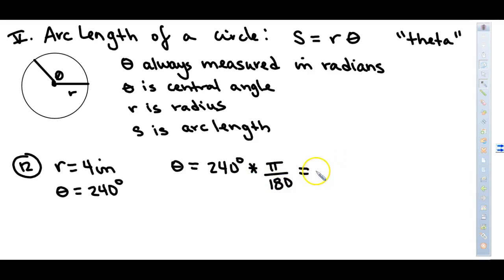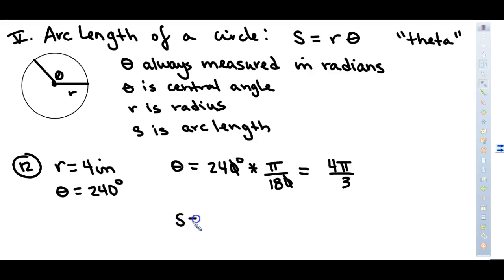So when I multiply this by pi over 180, I'm going to get 4 pi over 3. All I did was divide out my 10 right here, and then divide 6 into 24 to get 4, and 6 into 18 to get 3. So theta is 4 pi over 3.